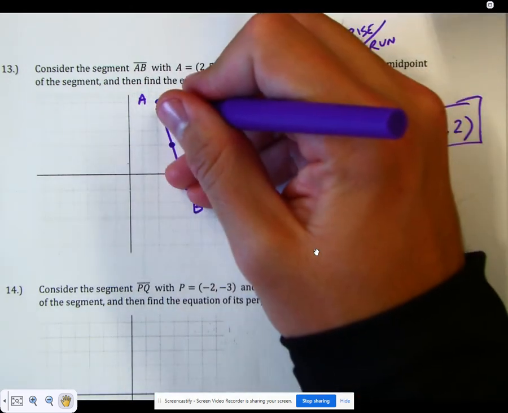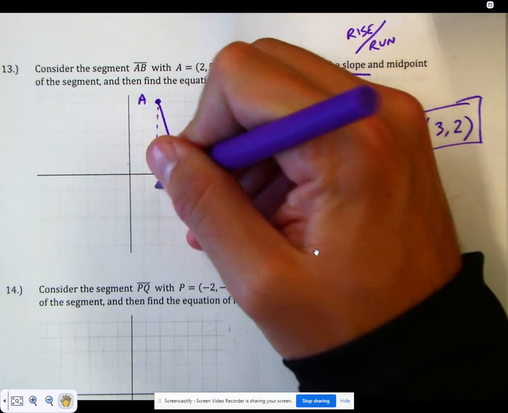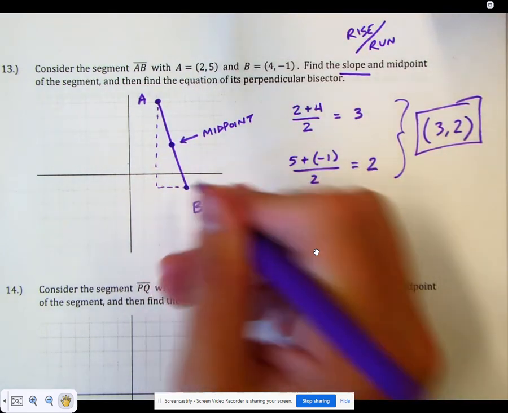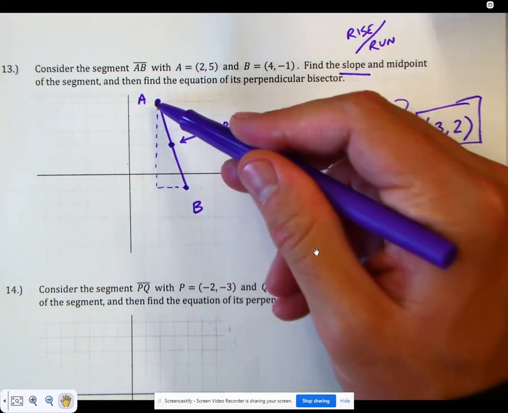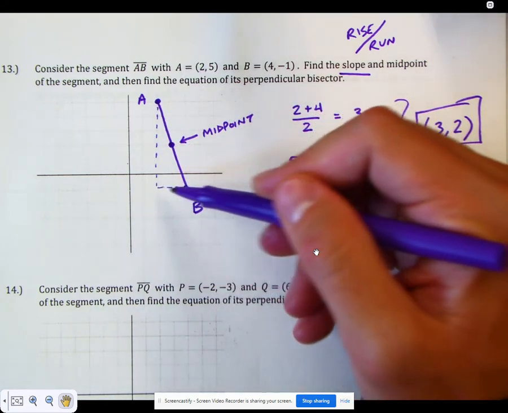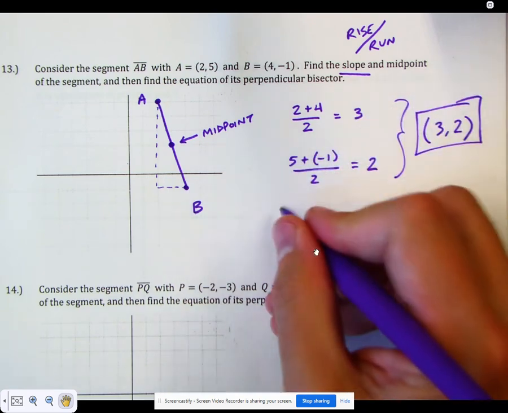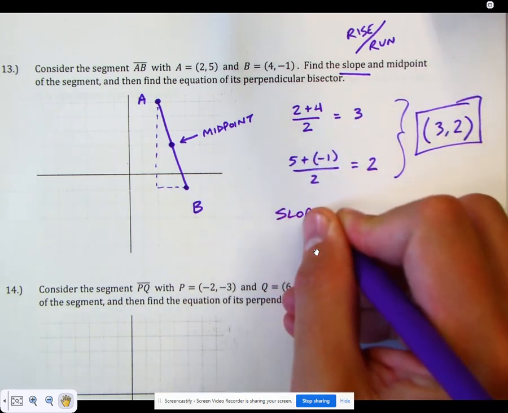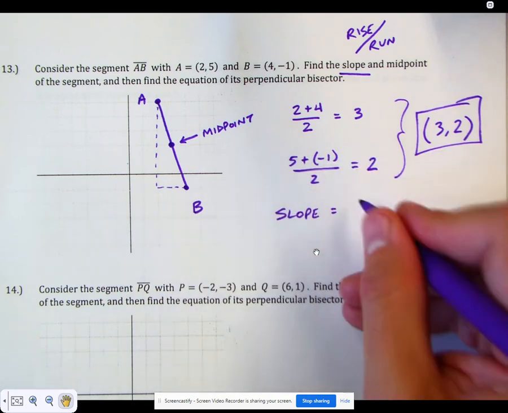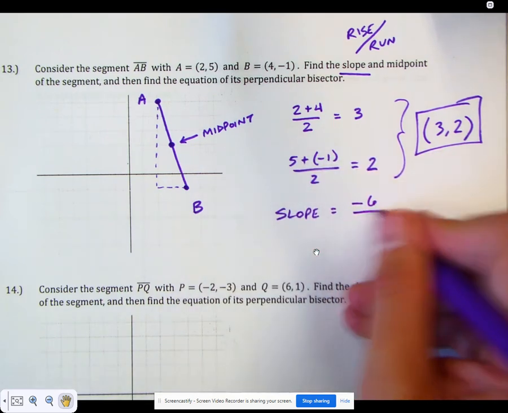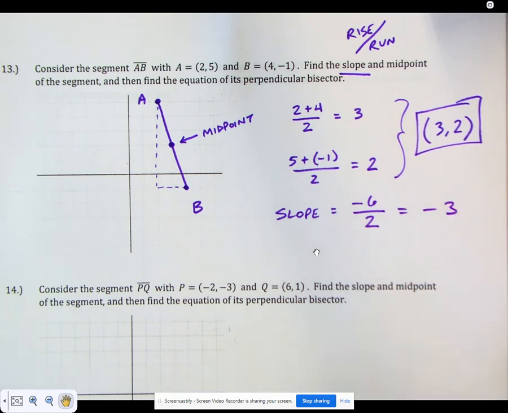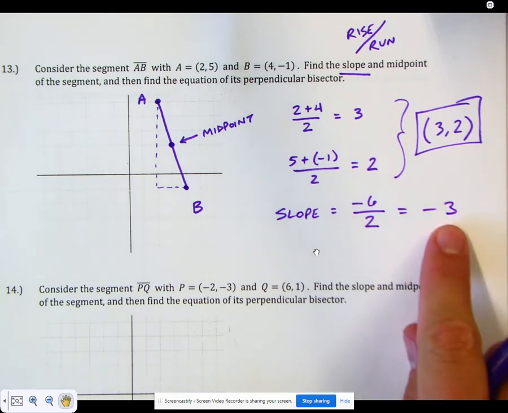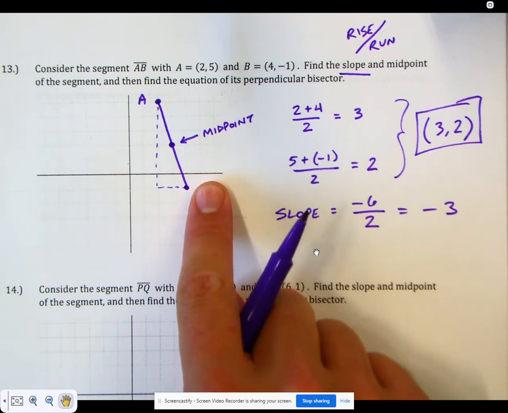How much rise and how much run is there between A and B? To get from A to B, you go down 6 and then over 2. So the slope is negative 6 over 2, which is negative 3. Okay, so we just found the slope of AB.